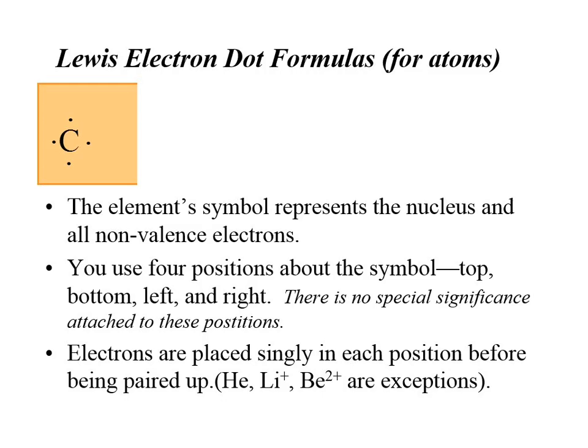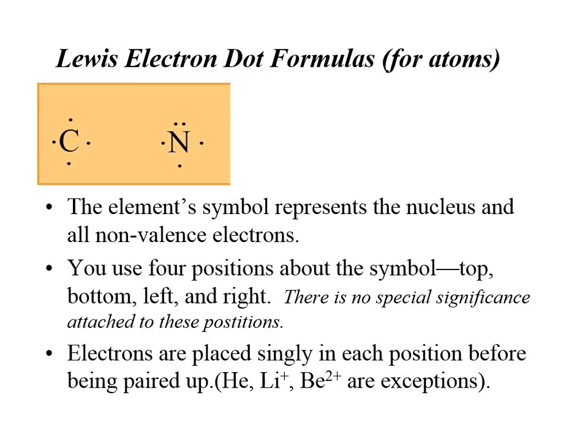And in Lewis structures, this isn't like a full-fledged Lewis structure, but we'll be kind of doing this sort of approach, where the C here represents the nucleus of a carbon atom and the nonvalence electrons of a carbon. Now, carbon is 4A, and so it has 4 valence electrons. That's why there's 4 little dots around there.